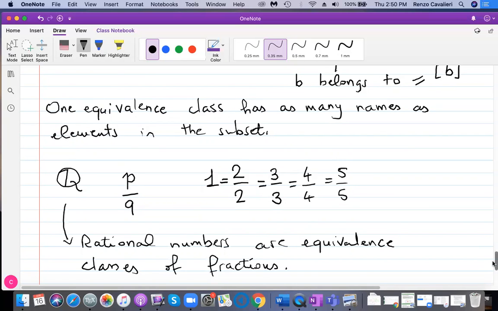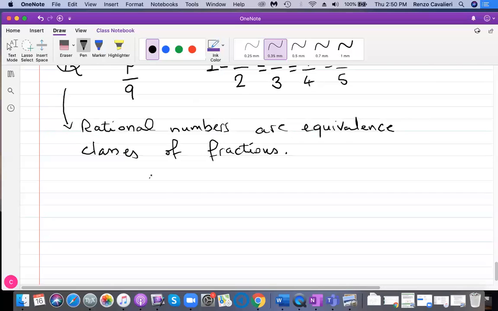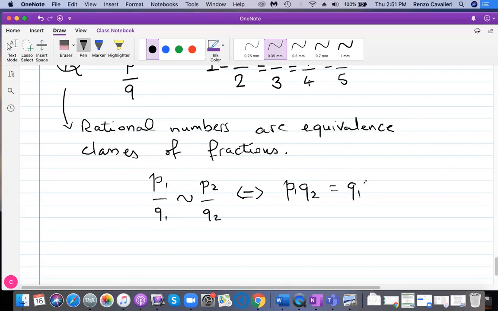And what is the equivalence relation? Well, P1 over Q1 is going to be called equivalent to P2 over Q2 if and only if, when you cross multiply, you get the same integer. If P1 Q2 is equal to Q1 P2.